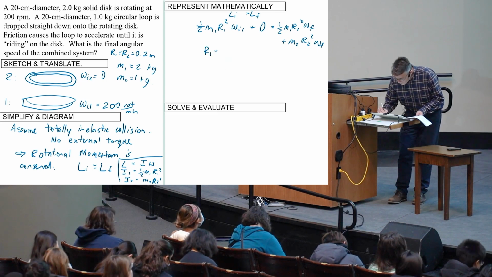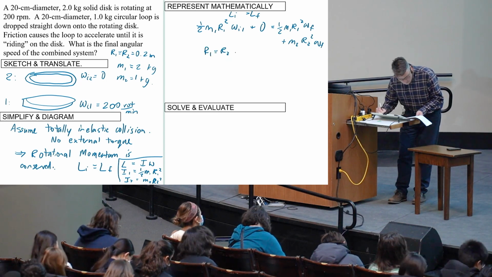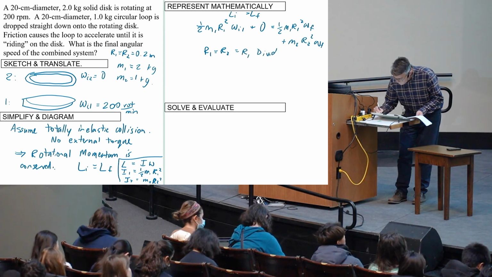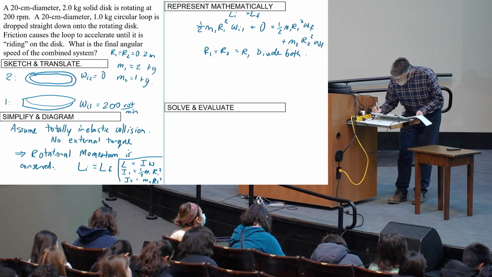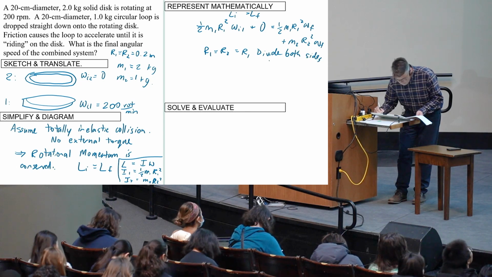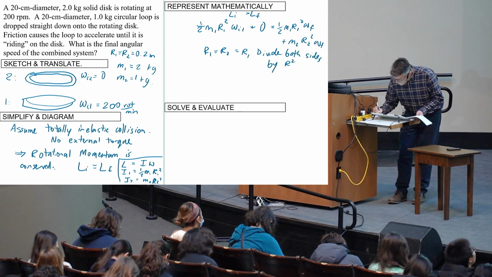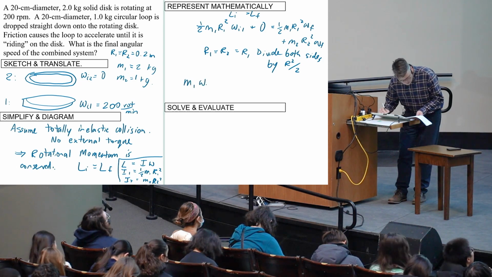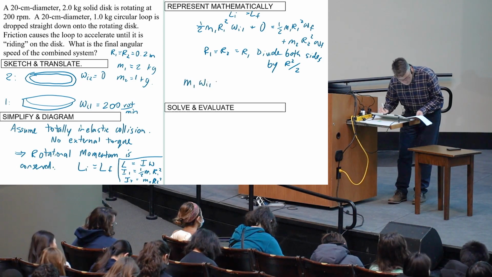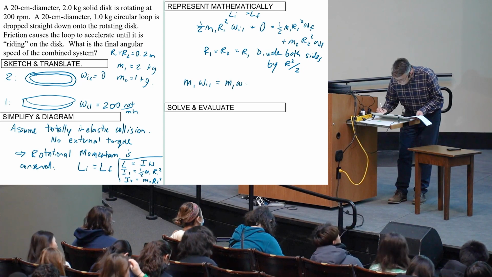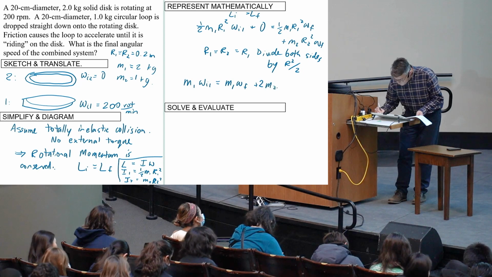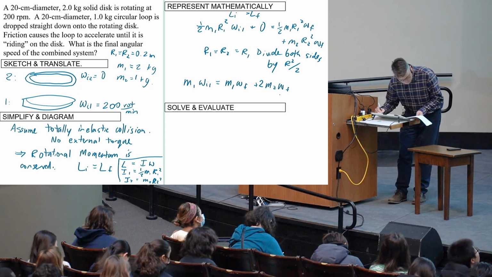So R1 equals R2. Let's say it equals R. Divide both sides by R squared over 2. And I get that M1 omega initial 1 is equal to M1 omega final plus 2 M2 omega final.